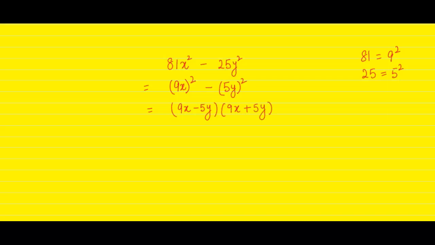So these are the two factors of this expression. The factors also mean that if you multiply these back, you will get the same expression back. You can check whether these two factors are correct or not, and tell me in the comment section below. Okay, let's take another one.